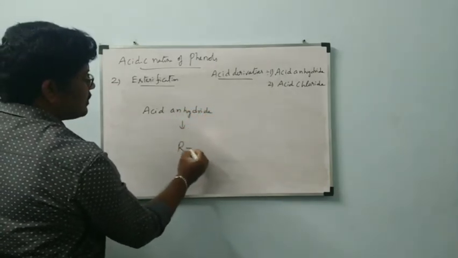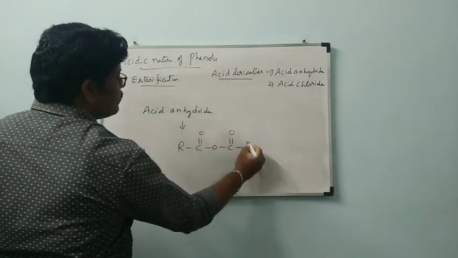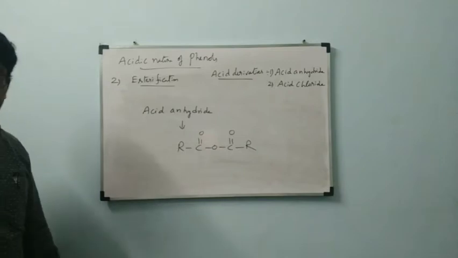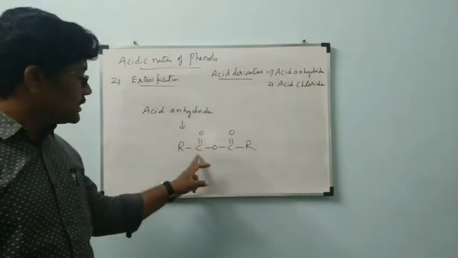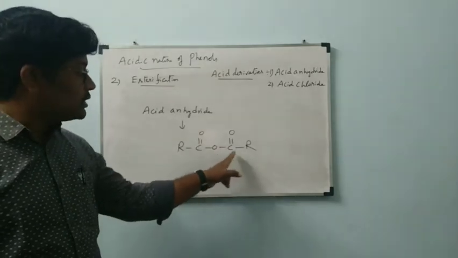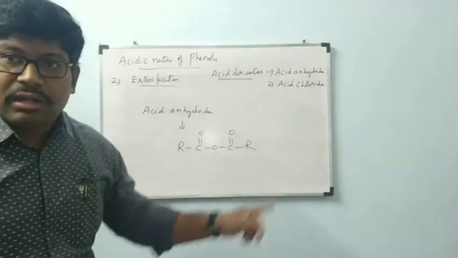Acid anhydride general formula: R, C double bond O, O, C double bond O, R, where R is an alkyl group. This is the general formula of anhydride.